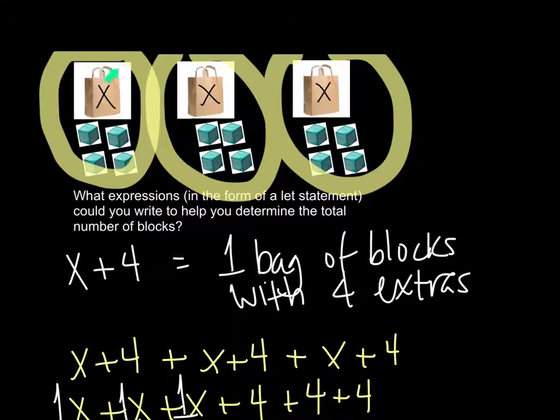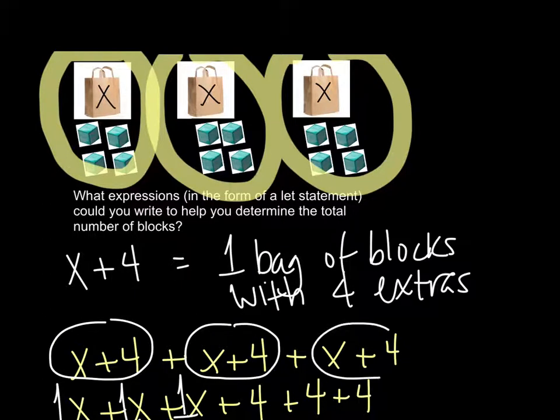Here we have 1x, 1x, 1x for a total of 3x, and 1, 2, 3, 4, 5, 6, 7, 8, 9, 10, 11, 12. So we've got 3x plus 12, and we wrote that just by looking at those groupings of bags, where we had bag 1 with extra blocks, bag 2 with extra blocks, and bag 3 with extra blocks.